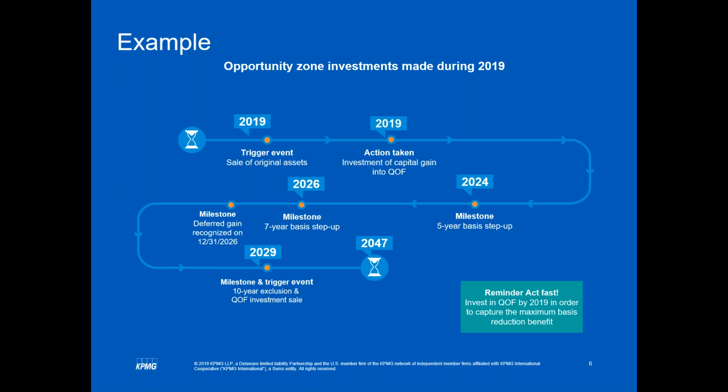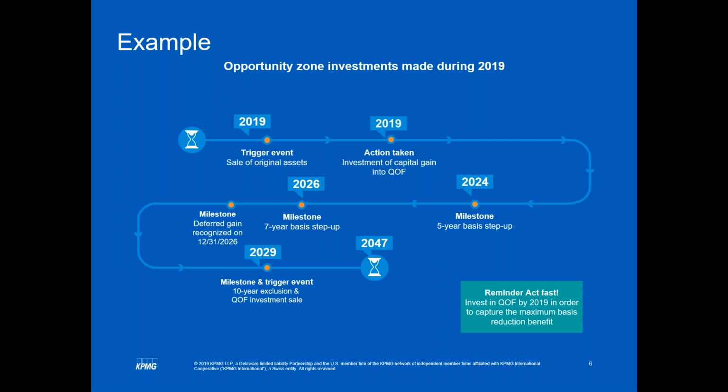So if you rolled $100 of capital gain into the QOF, by 2026 you've had 15% of that gain eliminated. And on 12/31/2026, you're picking up $85 of capital gain, assuming a $100 investment.